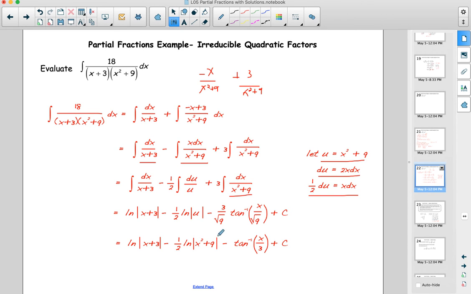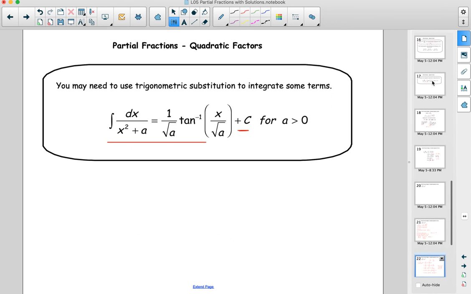But I put them in for good measure, but I know they're not needed. Going backwards on this one, we had minus 1 over the square root of a. Now a right here, there is a from that formula. Again, just showing you where that formula was. I'm doing 1 over root a, the arctan of x over root a.